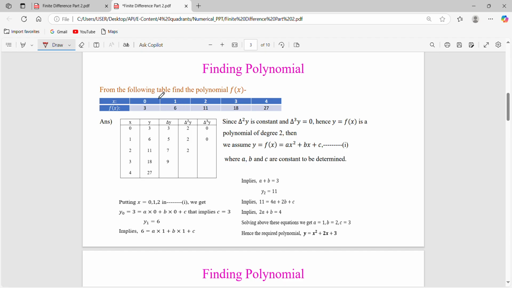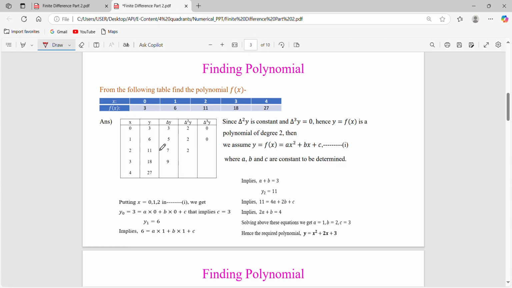From the following table, find the polynomial f(x), and these are the values of x and f(x) given. Here is the table. So first we have to find the difference table: x, y, Δy, Δ²y, Δ³y. So x is 0, 1, 2, 3, 4, and here y is 3, 6, 11, 18, 27 that we put.